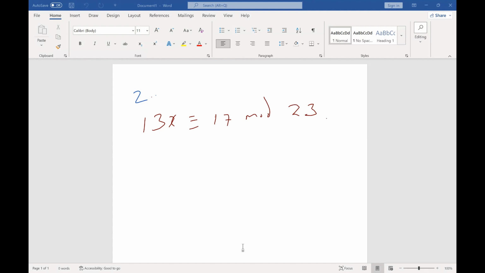Find the value of x. Again, this one has very few steps.